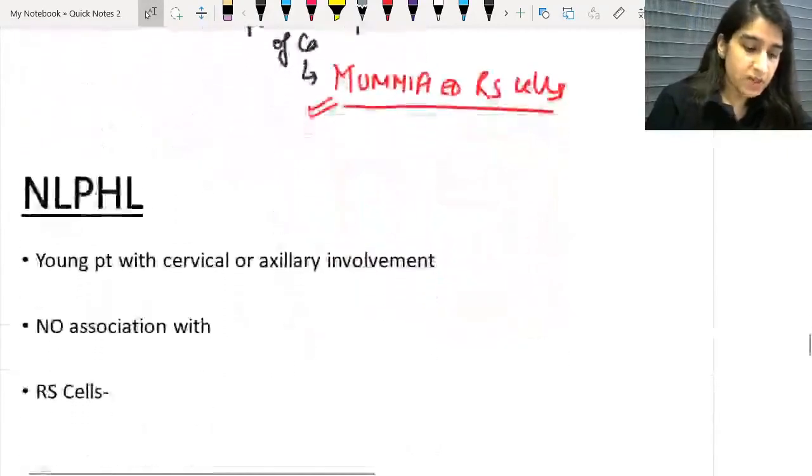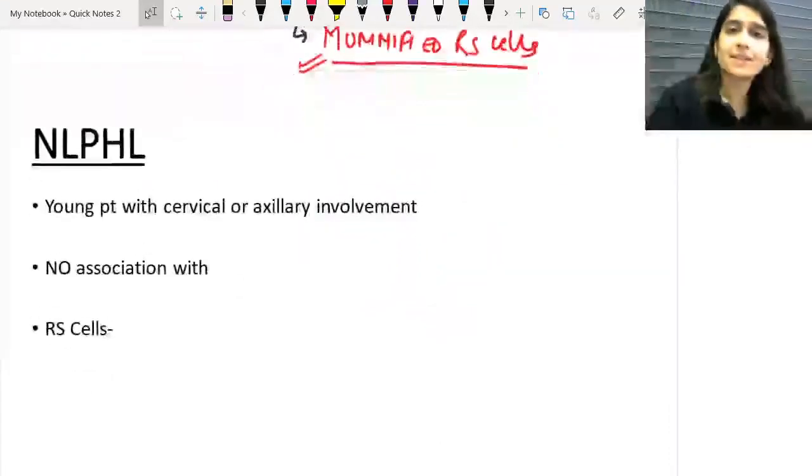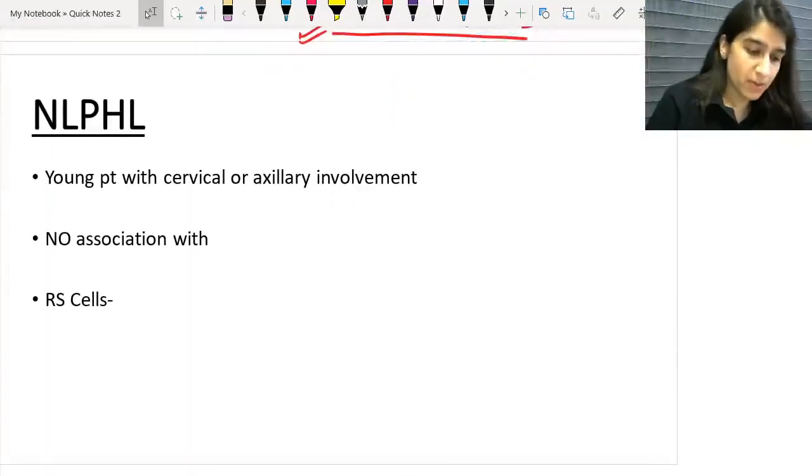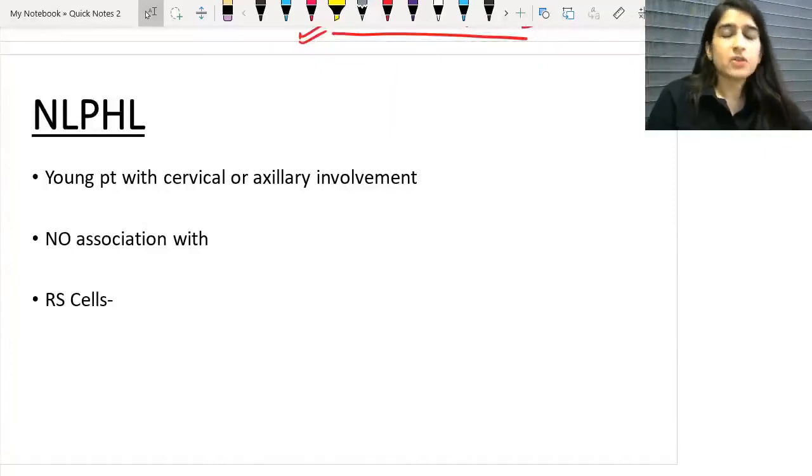Now, this was all about the classical type of Hodgkin's lymphoma. Now we move to the non-classical type, or the nodular lymphocyte predominant Hodgkin's lymphoma, NLPHL. A young patient usually presents with a cervical or axillary involvement.